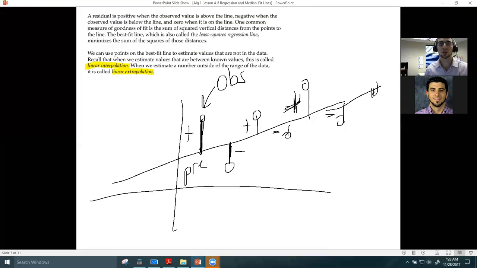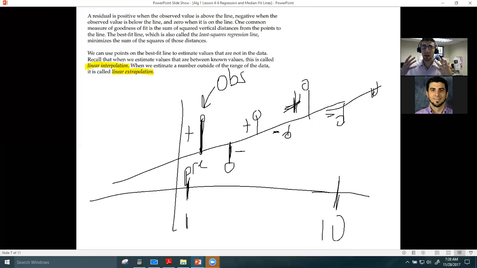So we can use points on the best fit line to estimate values that are not in the data. Remember that when we estimate values between known values, this is called linear interpolation. When we estimate numbers outside the range of the data, this is called linear extrapolation. So let's say that this scatter plot works from numbers 1 to 10.